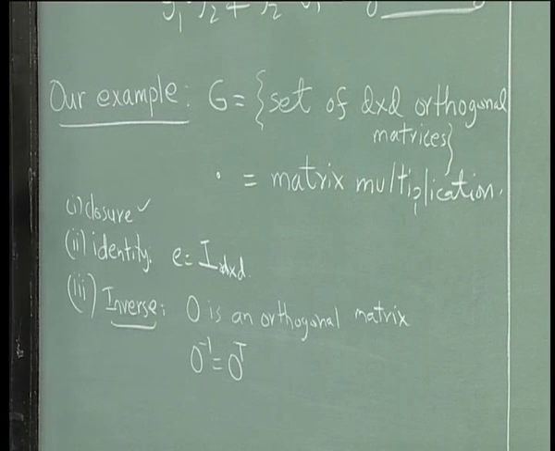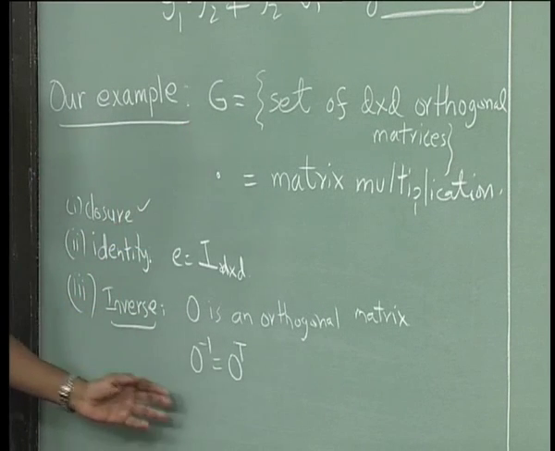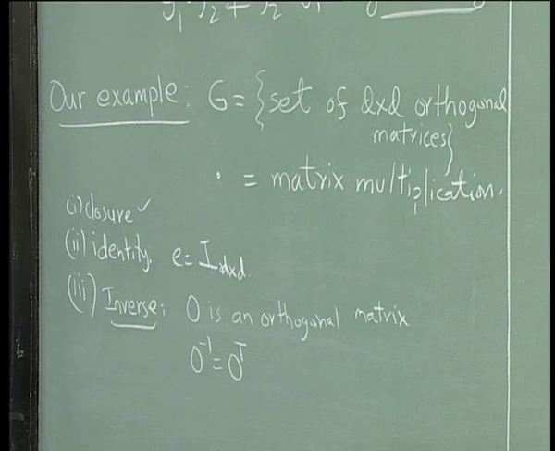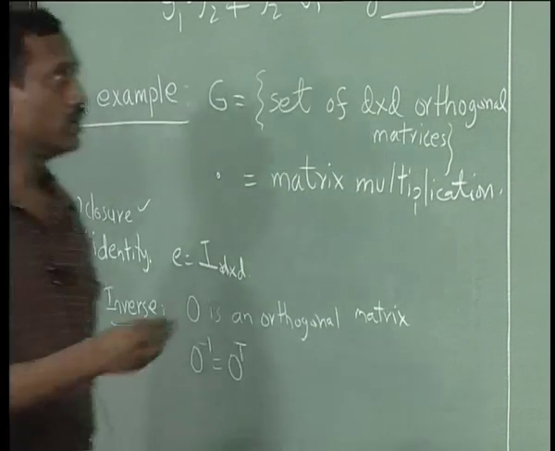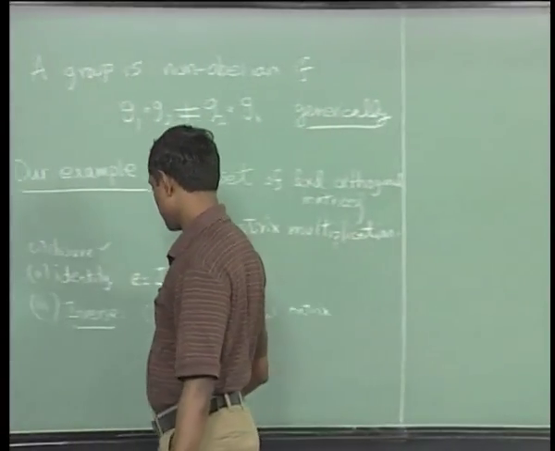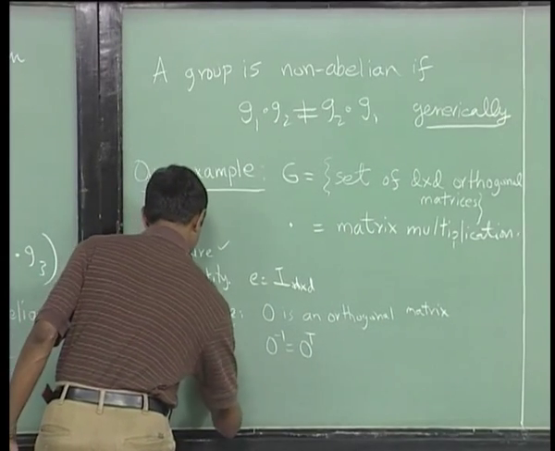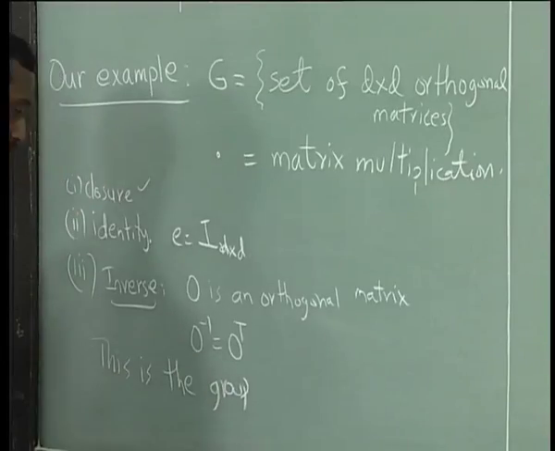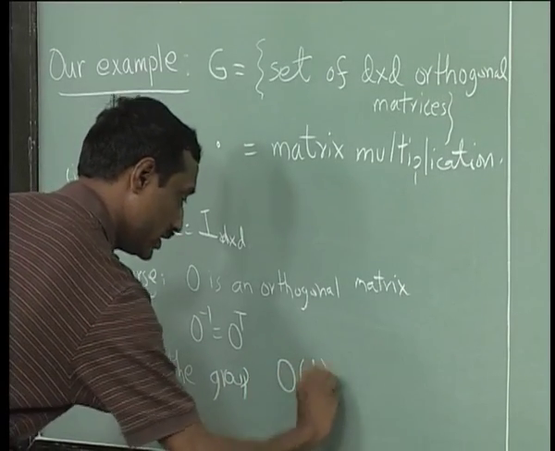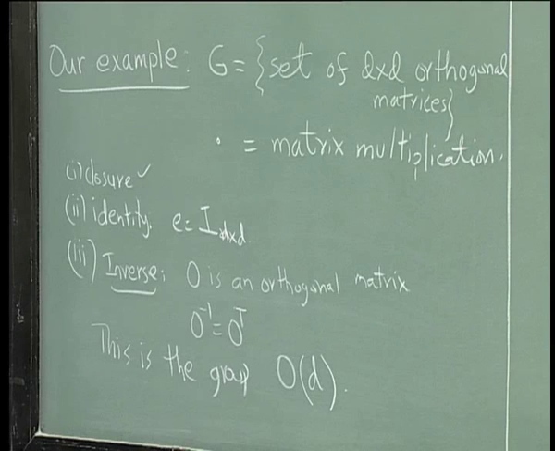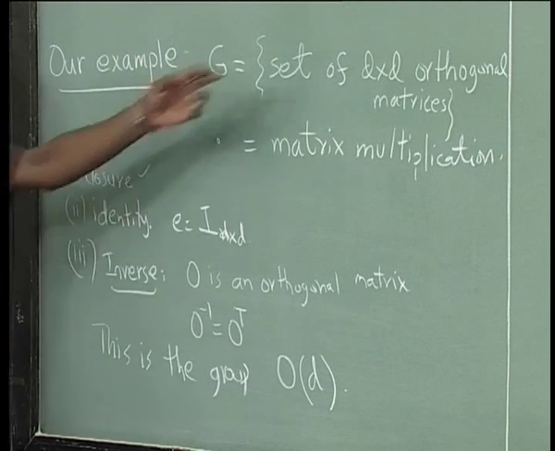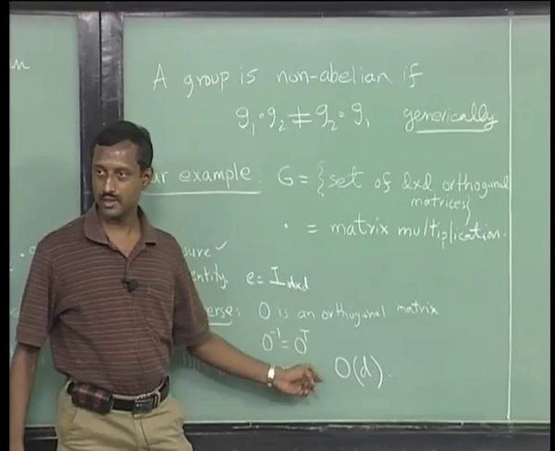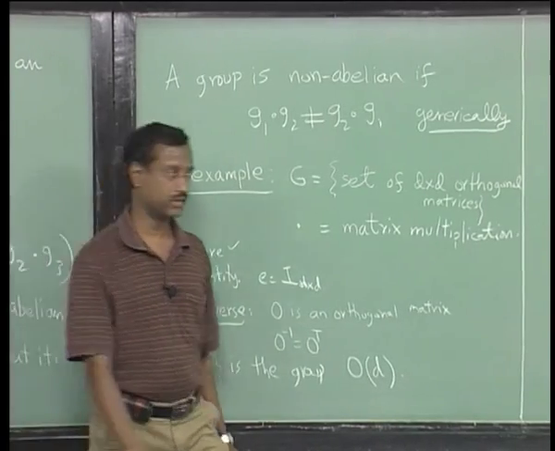So you can see that this group satisfies all the axioms of the group, and so we call this group O n. So then this is the group for which we use the symbol O n or O d rather, and if we put in an extra condition which is determinant being 1, that became the special orthogonal matrices.